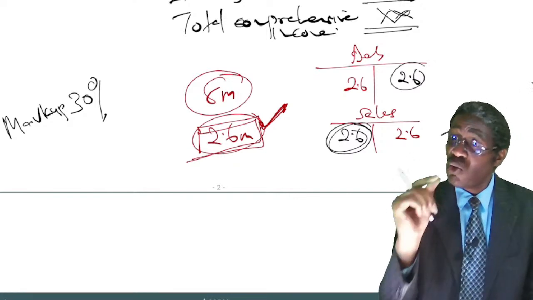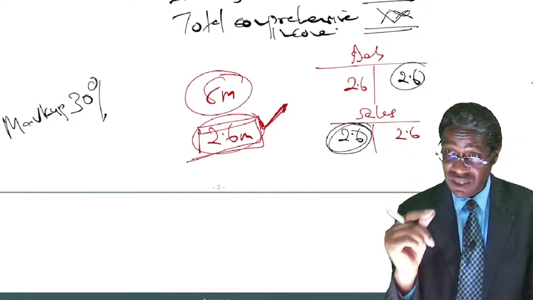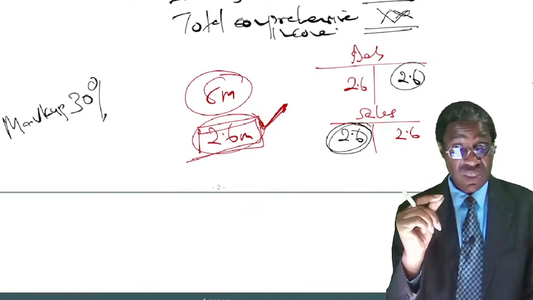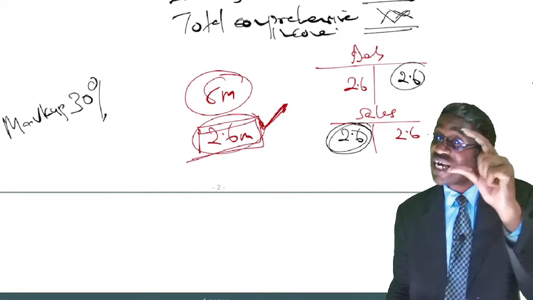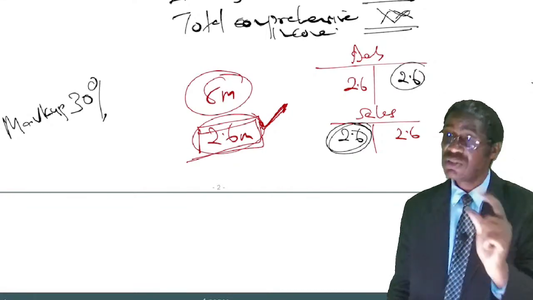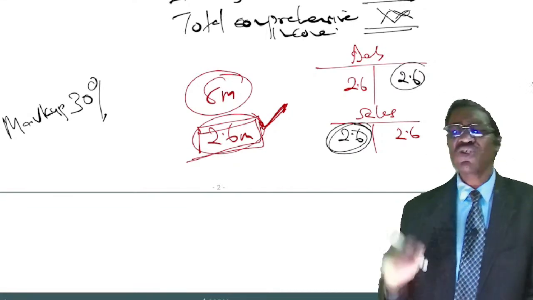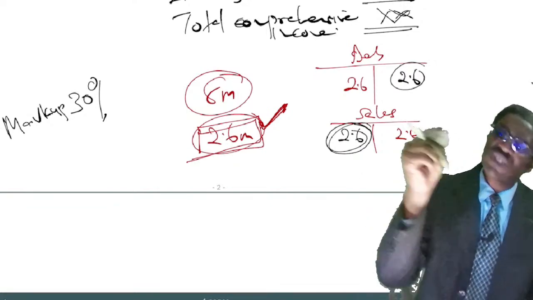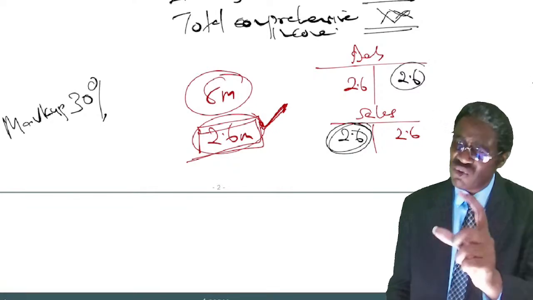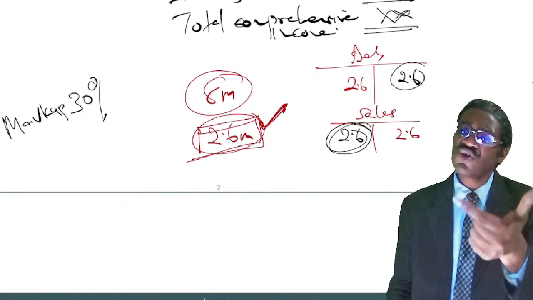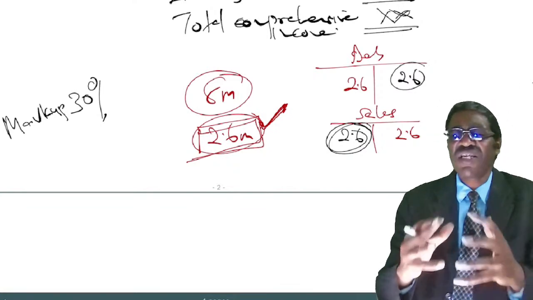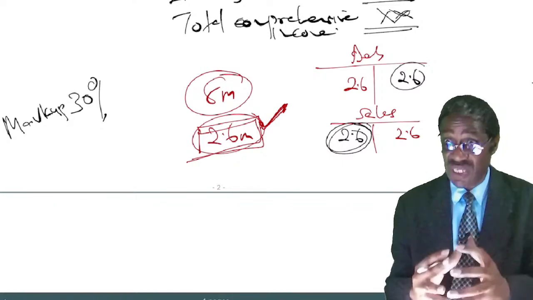Because the closing stock was undercasted, it also means that whatever figure you as a company used as your cost of sales is wrong. Why? Because the closing stock you used did not include these goods. So you will have to ask yourself, when closing stock is undercasted, what effect did it have on the cost of sales?